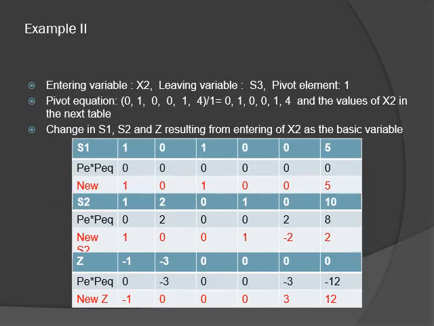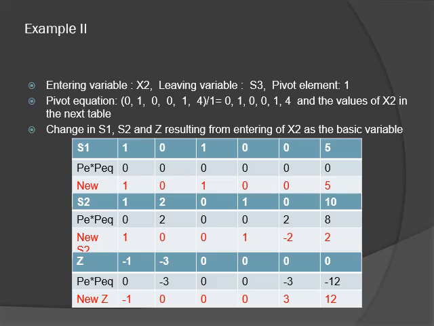Based on the above mentioned rules, the entering variable is x2, the leaving variable is s3, and the pivot element is 1. The pivot equation is 0 1 0 0 1 4, and these are the values of x2 in the next table. Now just follow the impact of entering x2 as a basic variable on s1, s2 and z.